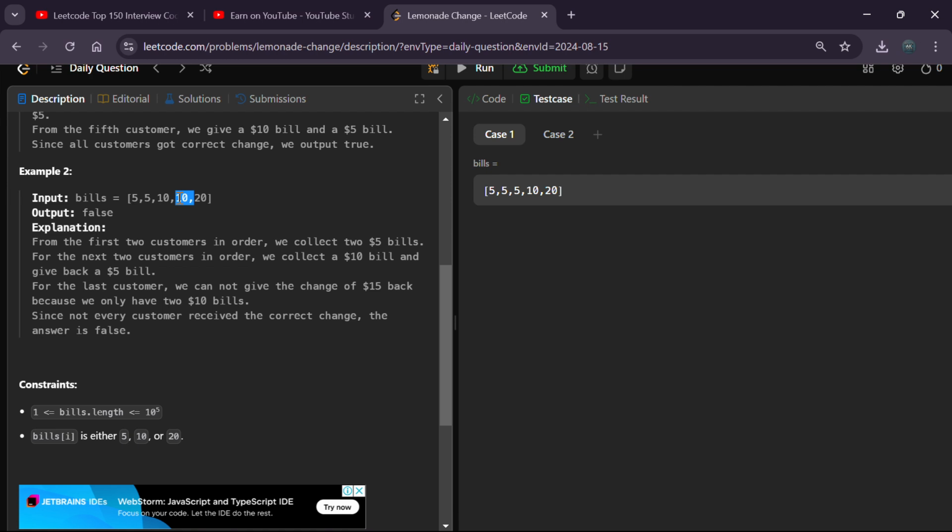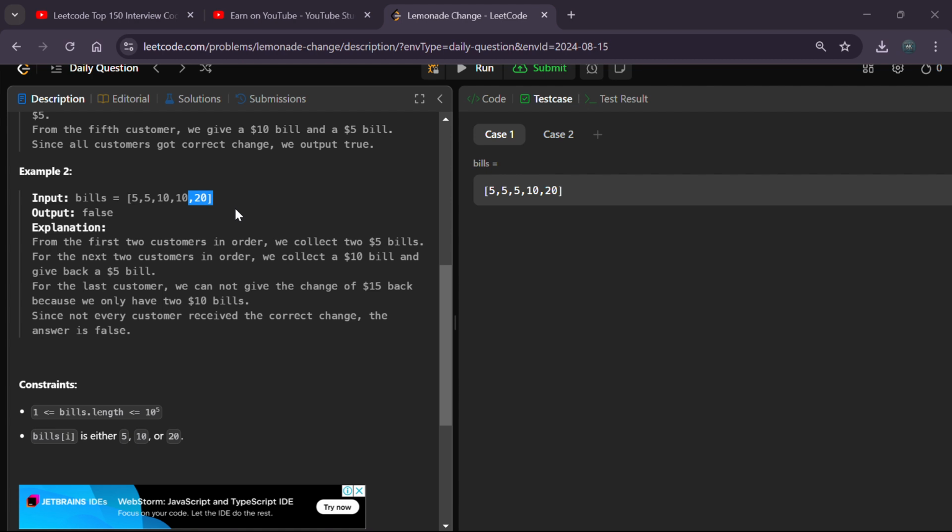Four transactions successfully completed. So it means for every transaction we get $5, adding up to a total of $20, which is two $10 bills. For the fifth customer, he came up with $20 and purchases a $5 lemonade item. And we have to give him back $15 change.